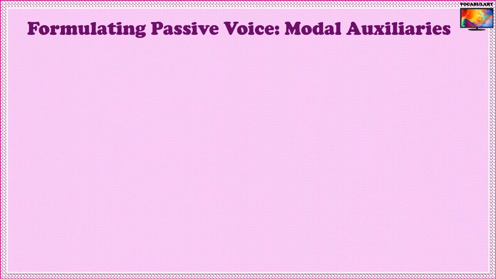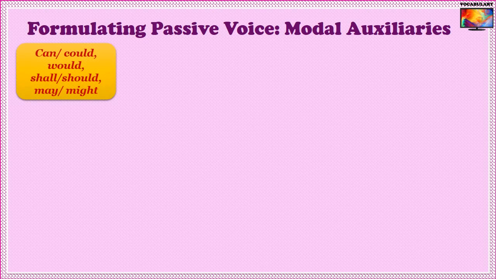With that, we come to the case of passive voice for modal auxiliaries. The case of modal auxiliaries such as can, could, would, shall, should, may or might is exactly same as that of the modal auxiliary will. Remember, we used will for future tenses.